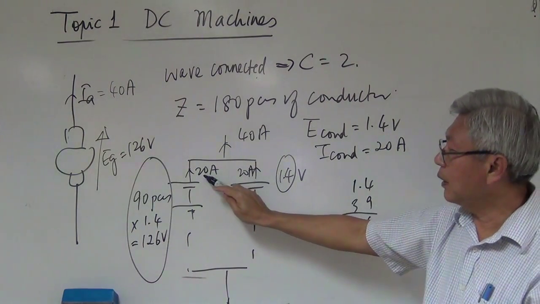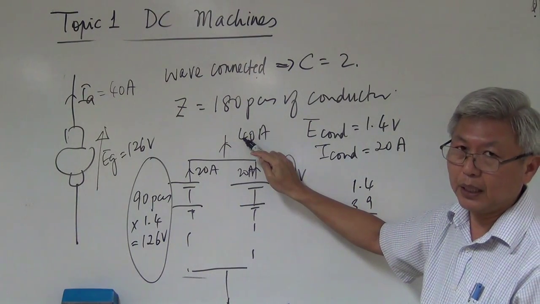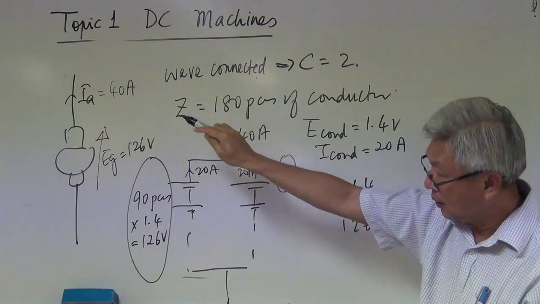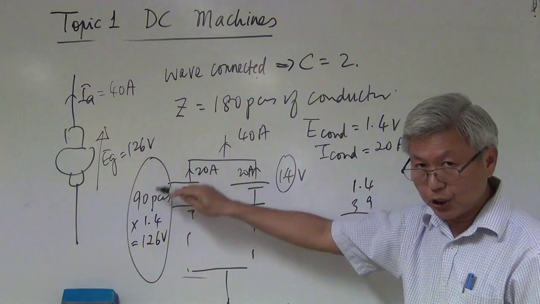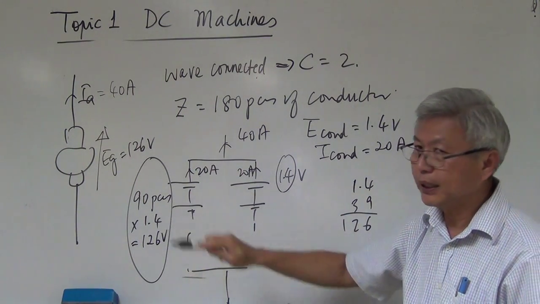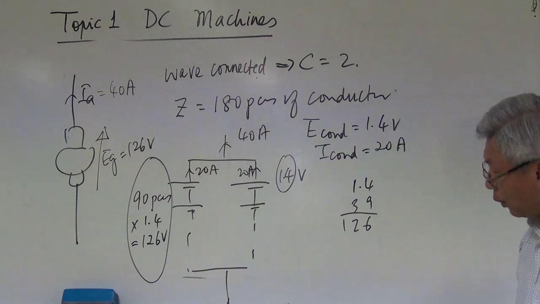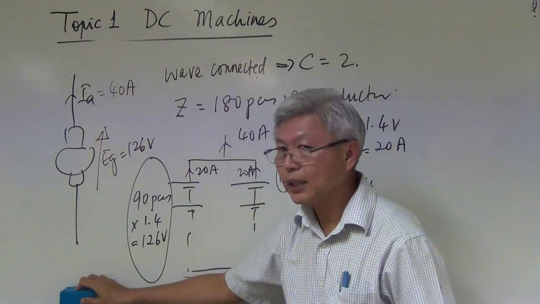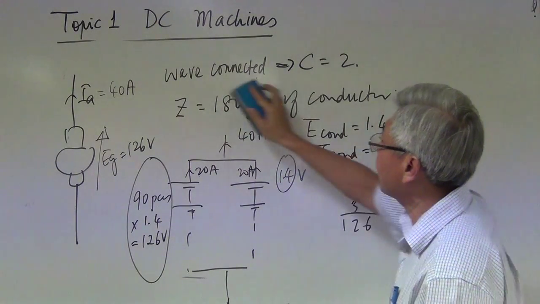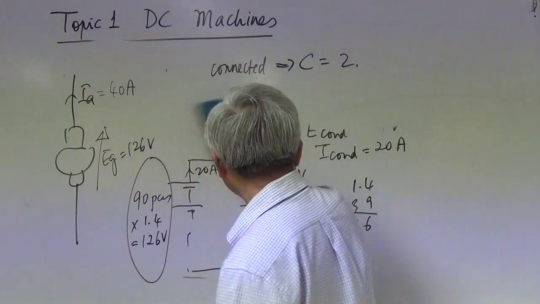If the current through each conductor is 20 ampere, altogether it is 40 ampere, so the armature current is 40 ampere. And Eg is the total voltage per path: calculate how many conductors there are, multiplied by the individual voltage. Okay, so that's wave connected. Let us try lap connected. Now the question changes.